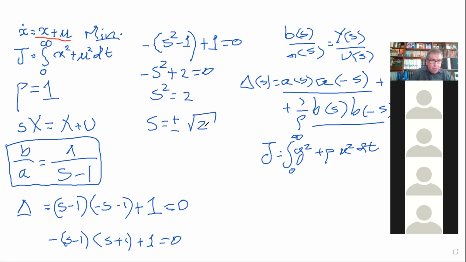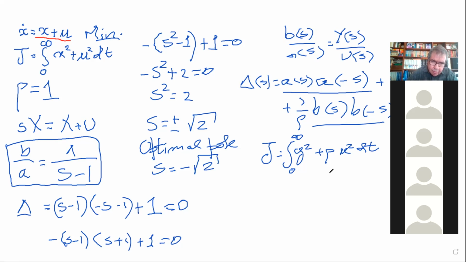Okay, now, which root should we select? Which root corresponds to the optimal pole? The positive or the negative one? The negative one, minus square root of 2.